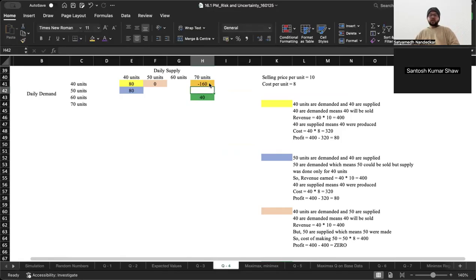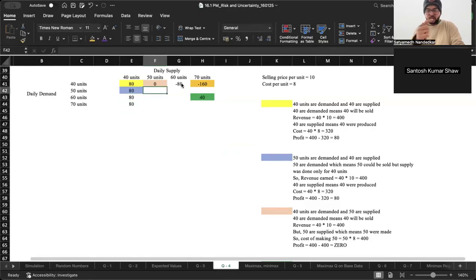ठीक है. So this is how I would tabulate multiple scenarios. ठीक है. अब इसमें देखो आप. Now of course I will let you calculate the remaining, but to populate the table now, this would be minus 80, this would be 80, this would be 80.